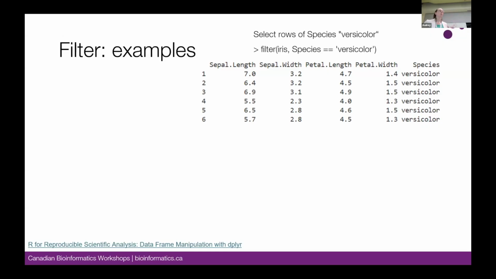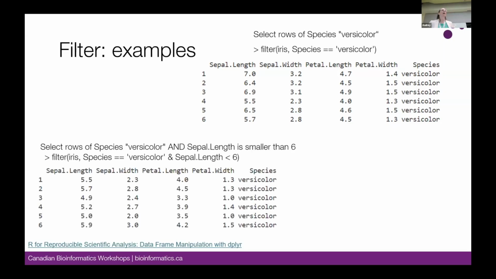Here, it's a column name without quotes. And then you give your condition. In this case, you want the species to be equal to versicolor, one of the 3 available species. Versicolor, because it's a value, will be within quotes. The column name is not. And then it's a double equal because you want the logical operator equal, not the assignment operator, single equal.